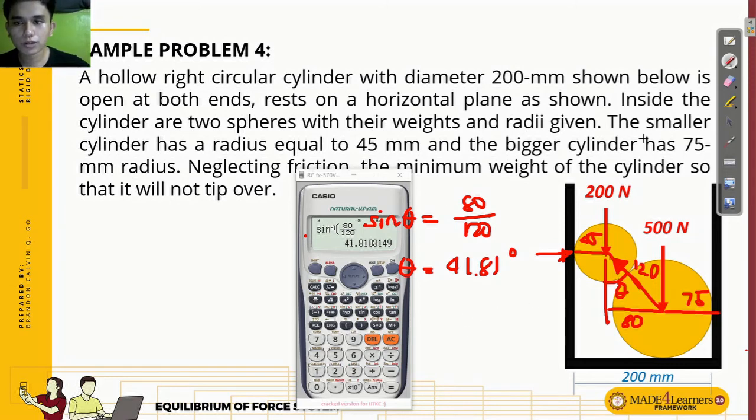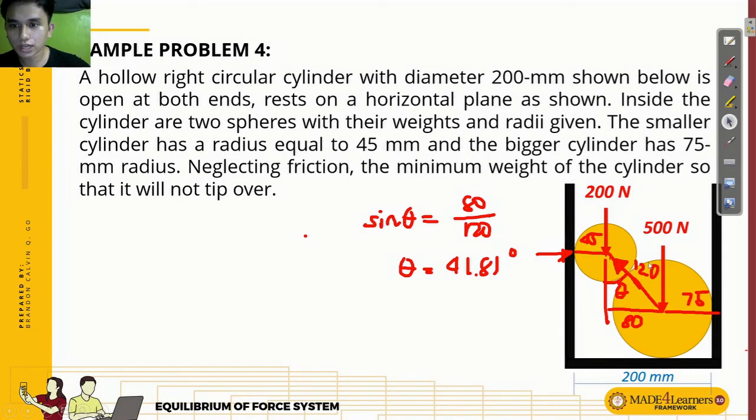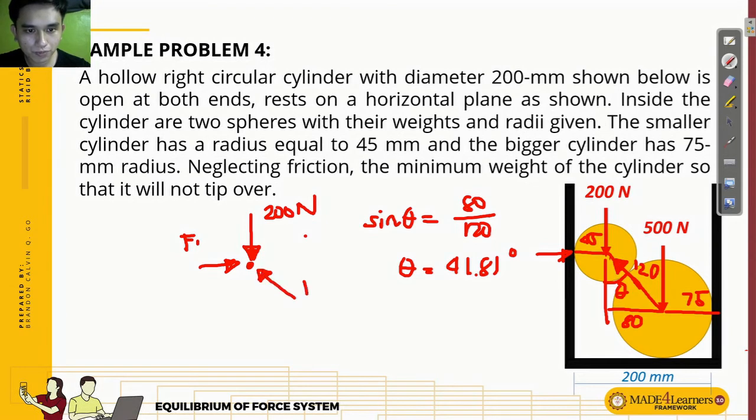Okay, so kung ato siya i-isolate only, ang smaller sphere, atong kuha na yung free body diagram, contact ani niya na body, so we have the weight, 200 Newton. Then contact sa cylinder o sa sphere, ato tawagon na F1. And then contact sa smaller sphere o sa bigger sphere, ato tawagon ng F2.